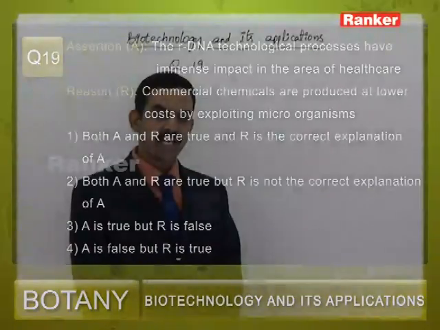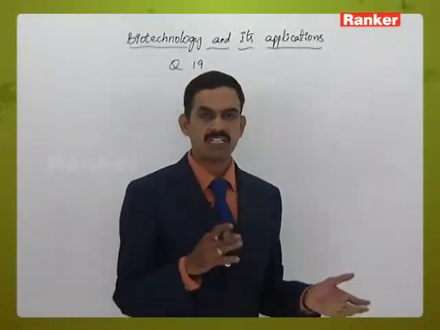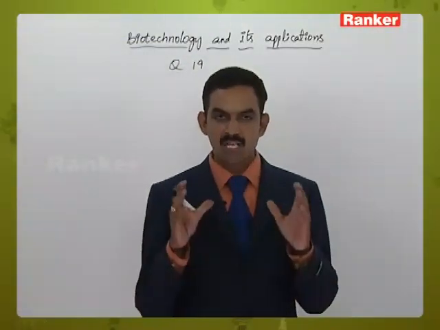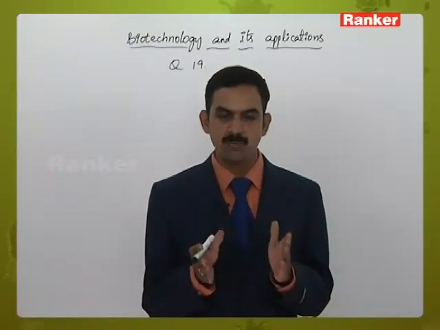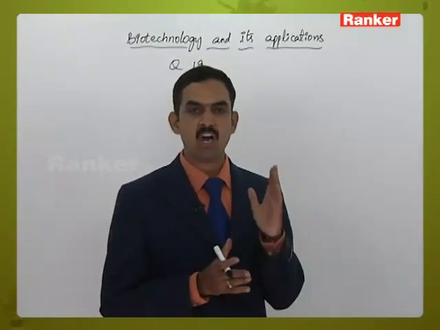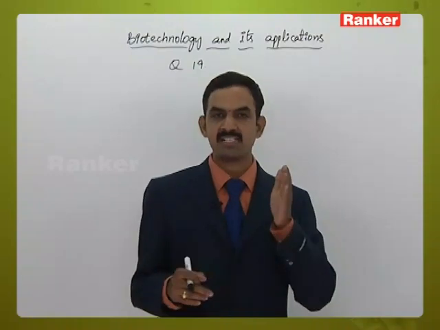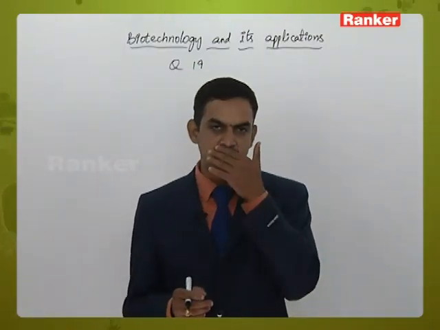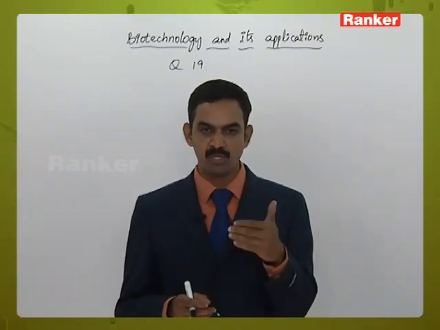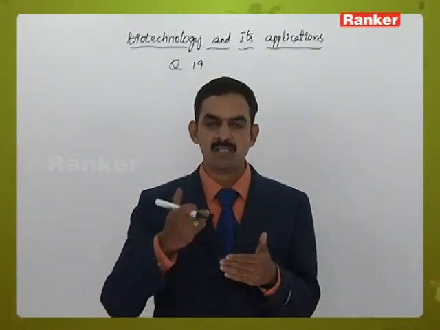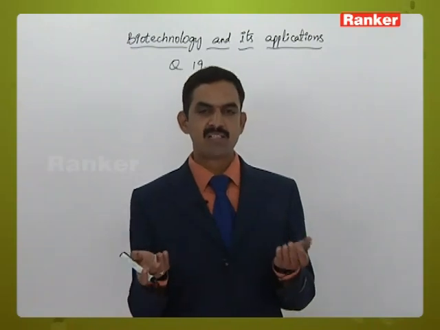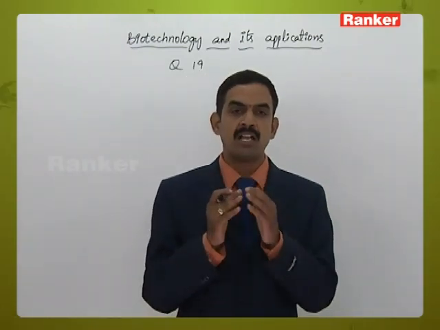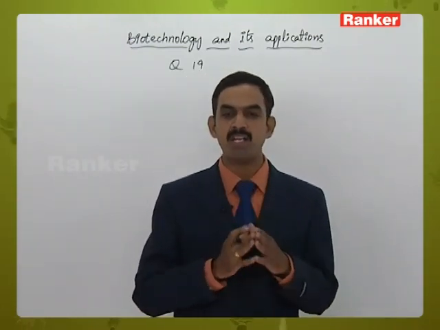Okay, here it is related to healthcare. As we know, by using rDNA technology we can improve the health of human beings. Let's take some examples. Human insulin is produced, and pharmaceutical products or drugs can be developed.